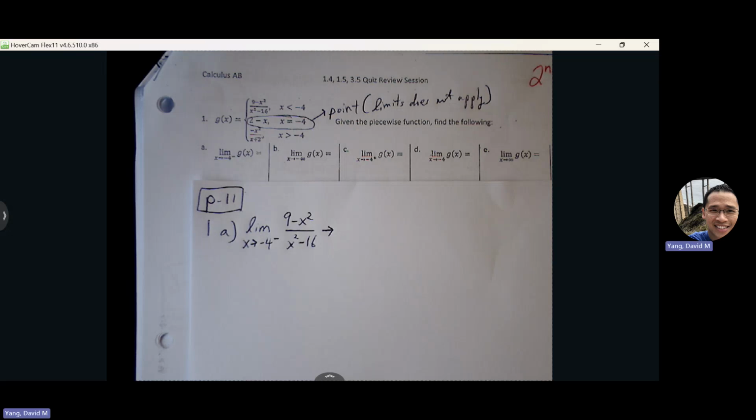If you're working ahead of me, you can always check the key on the back page, page 12, to check your progress.